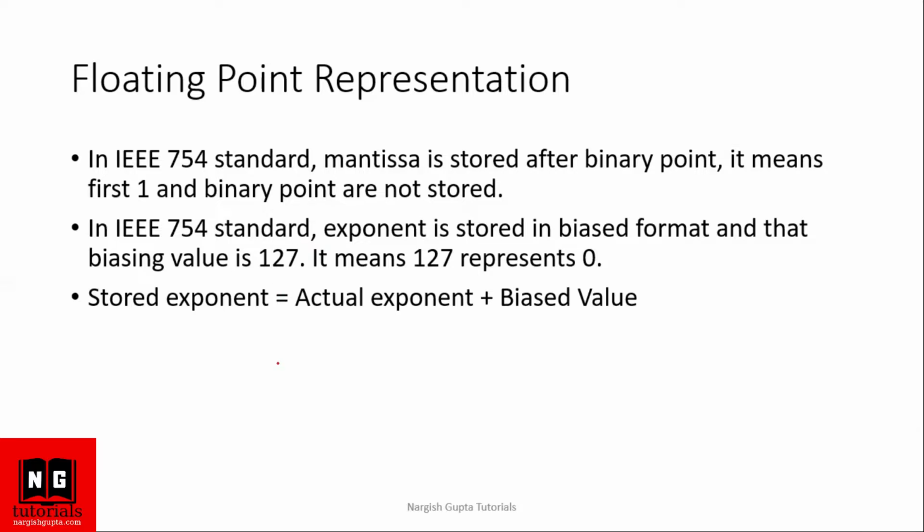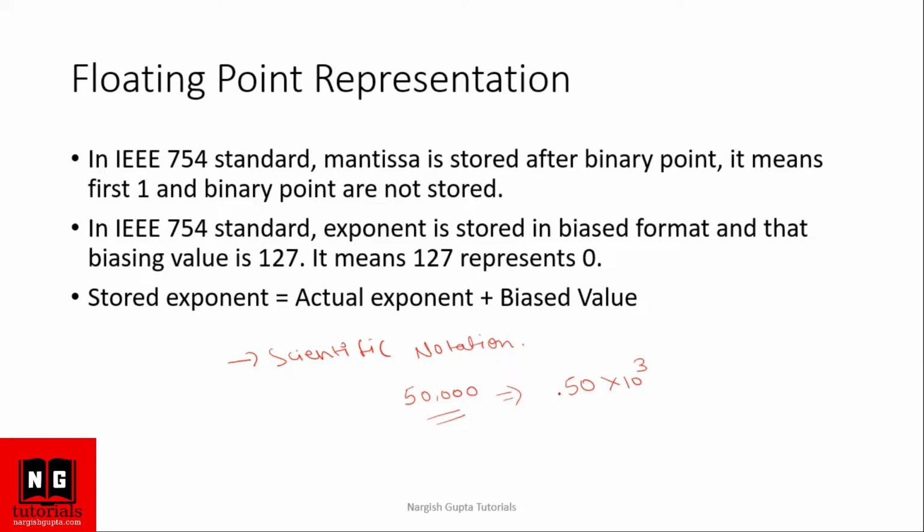This is also known as scientific notation. Let's say the value is written like 50000. In scientific notation, we can write it as 50 into 10 to the power 3.